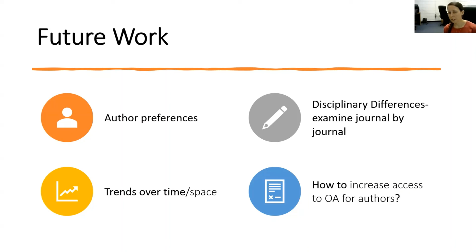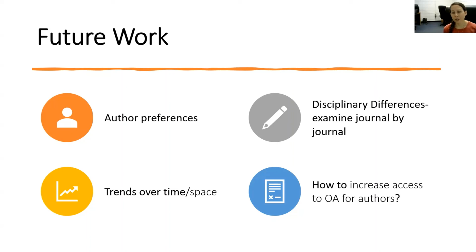And then looking at disciplinary differences, once there's enough publications, you could actually repeat this analysis for different journals of the 38 different journals and look at how it might vary across more medical fields or other fields to see if that varies at all. Again, we couldn't do that based on the number of articles that were available at the time.